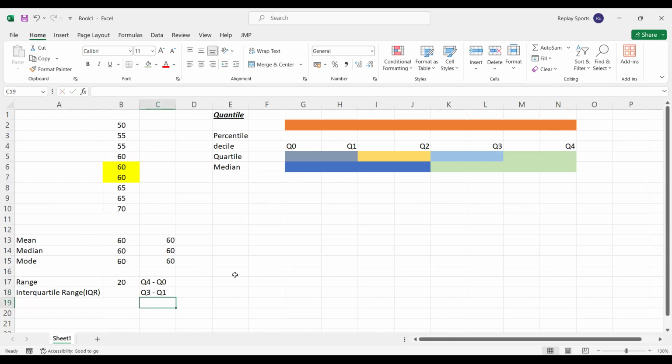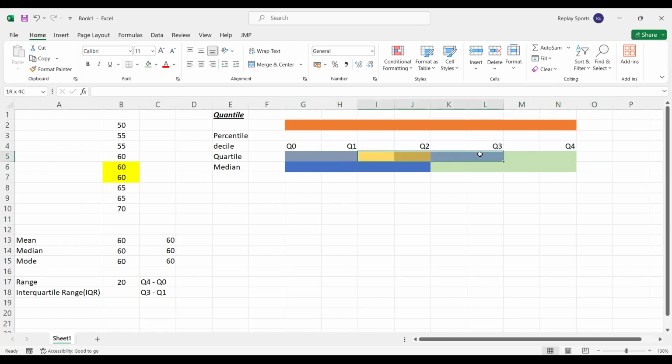Q3 minus Q1. So you are taking the highest value in quartile. So basically what you're doing is you are dividing into 4 parts, removing first and last part, and then finding the range. So this is your entire data set. Now I'm saying, okay, I don't want this part, I don't want this part.